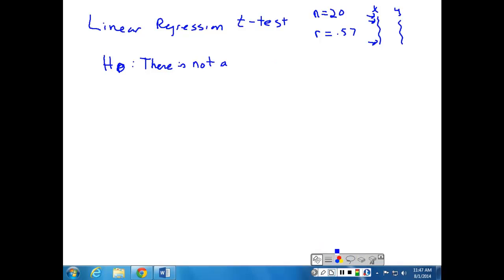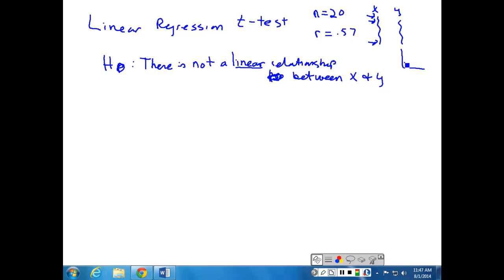There is not a linear relationship between X and Y. It's not "there is not a relationship," because there could be a relationship.